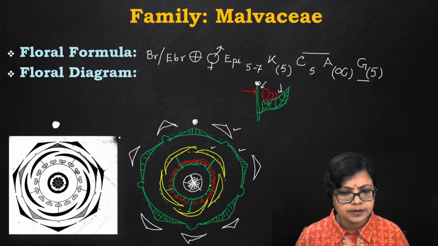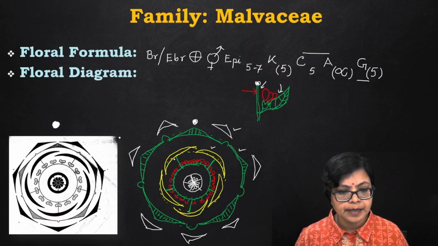Now next, this represents the staminal tube, and the upper free filamentous portion has been drawn in this way, and the anthers are shown by drawing in this way. They are free from each other. These anthers are free. Staminal tube. And also we have learned epipetalous stamen. So the staminal tube is attached at the base of the corolla. So by using this green line, it has been expressed.